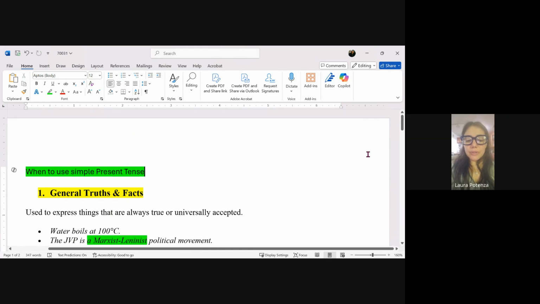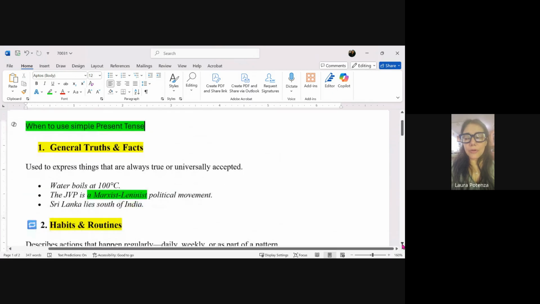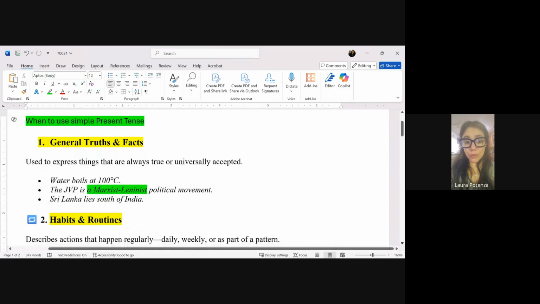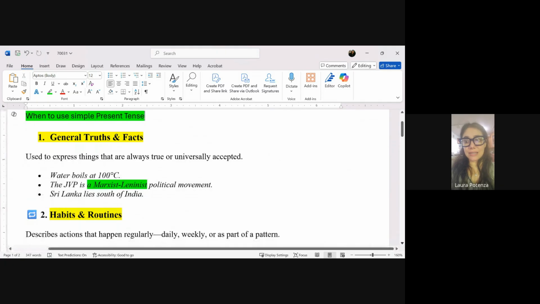Okay. I was going to say, Vatsala, in the beginning you were talking about simple present tense, how you can use it and ways you can use it, and then giving examples. When you were doing that, I thought, oh wow, that's really good.